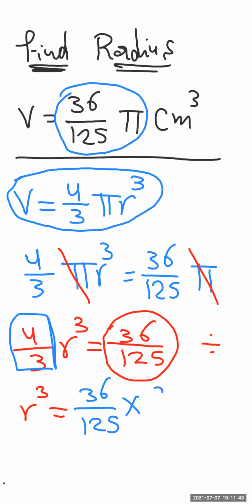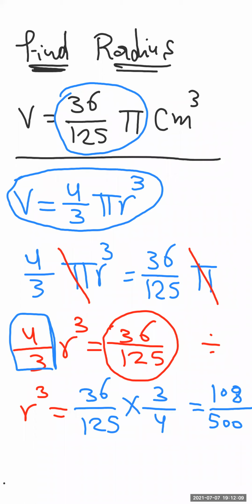So times 3 over 4. Okay? So now r to the power 3 will equal, using the calculator here, 3 times 36, 108. Okay? And 125 times 4 equals 500.